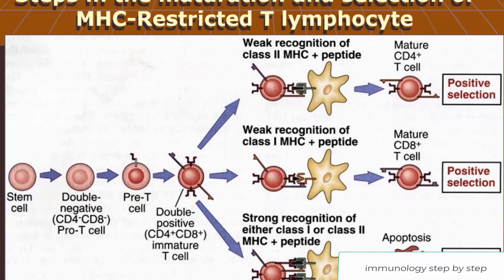Weak recognition of class 1 major histocompatibility: mature CD8 T cells, positive selection. Weak recognition of class 2 major histocompatibility peptides: mature CD4, positive selection. CD4 T cell, CD8 T cell positive selection, and here the apoptosis, negative selection.